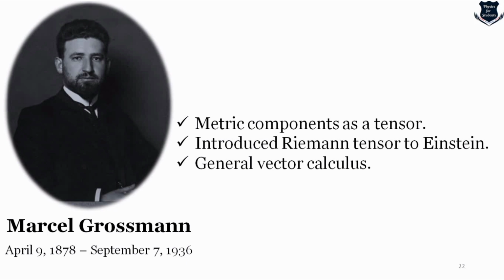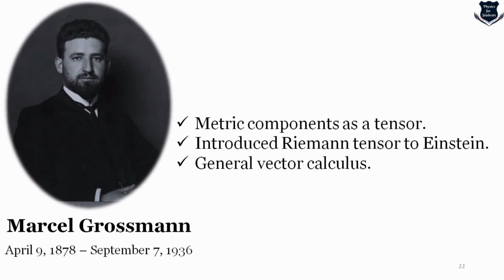One very important thing is that he first introduced the metric components of a tensor to Albert Einstein. So he introduced the Riemann tensor to Einstein and the concept of general vector calculus.